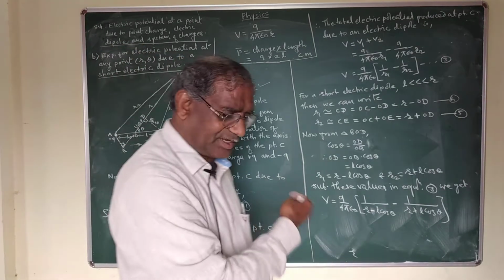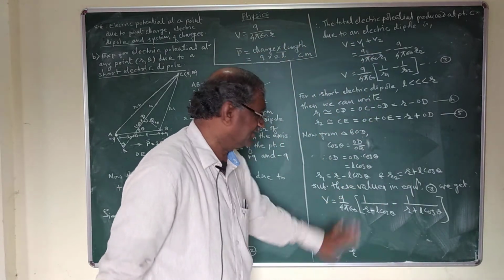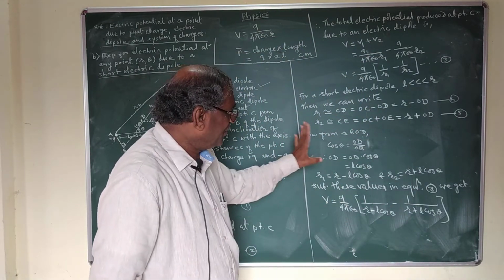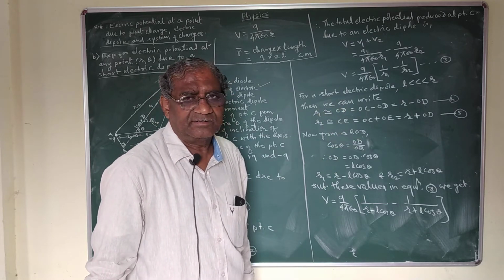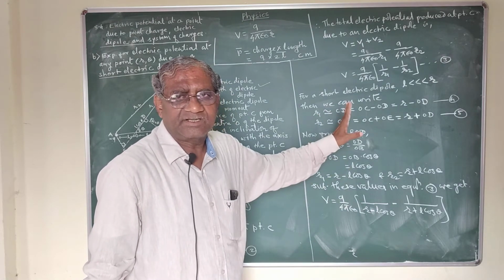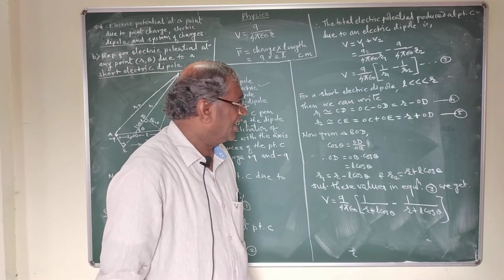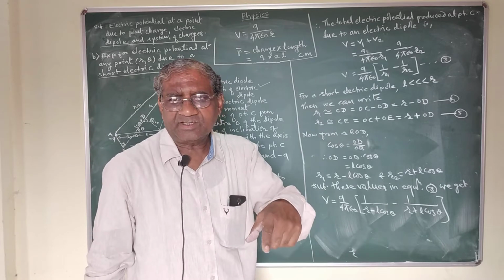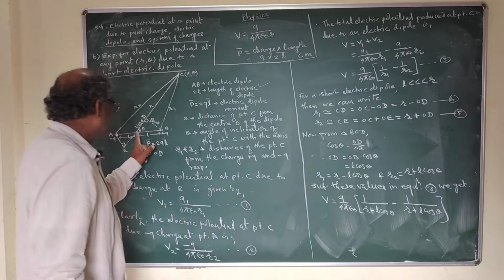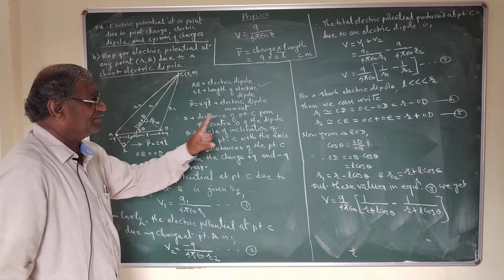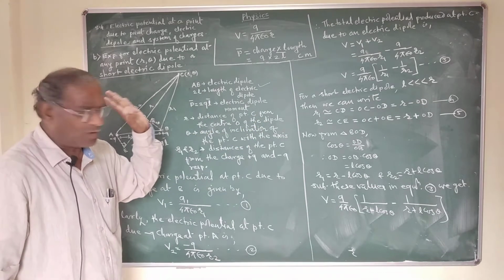Now it is very simple. Remember, this is one of the methods by which we can obtain the expression for electric potential. In your textbook the method is given by using this triangle. From this method also we can find the value of R1 and R2, no doubt.